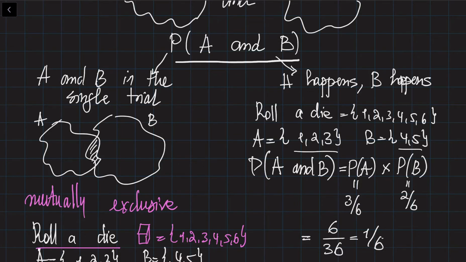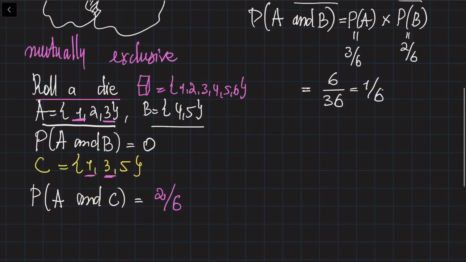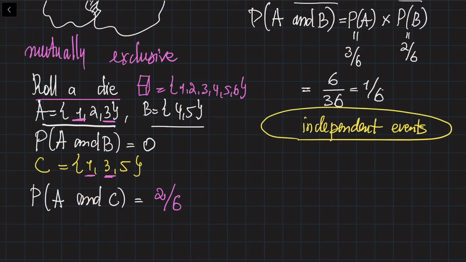And the second meaning is that the probability of A and B means that A happens in the first trial and B happens in the second trial. So in this case, we just need to multiply them. In this case, we're going to talk about so-called dependent or independent events. And we are going to talk about the independency of the two events in our next videos.